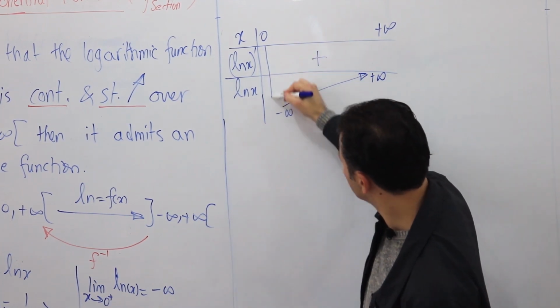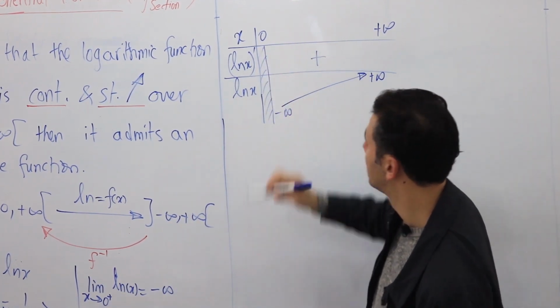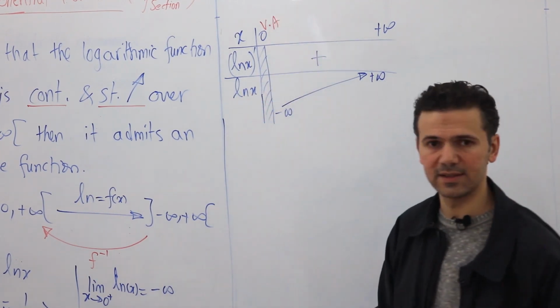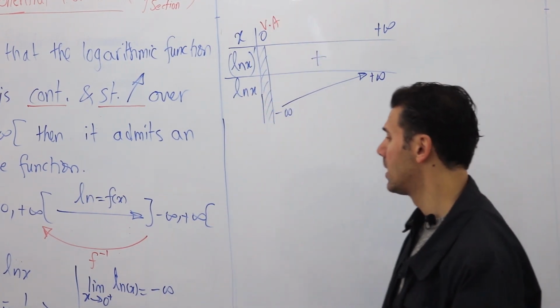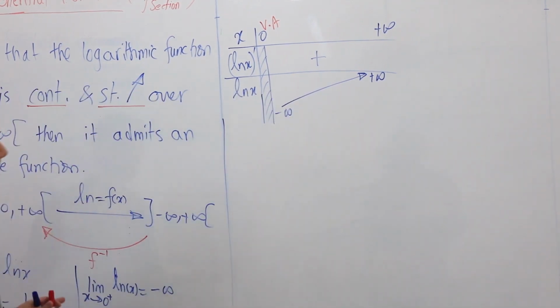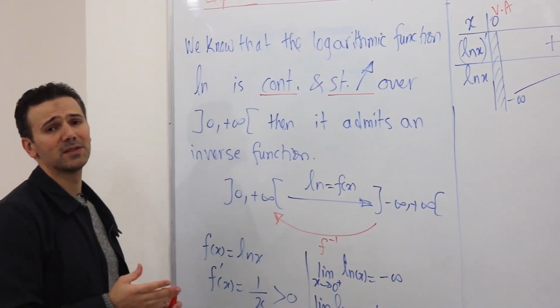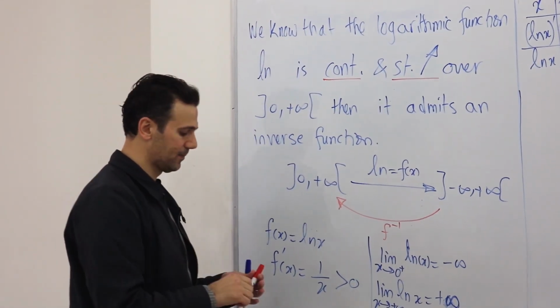And as you know, this is what? This is the vertical asymptote for the curve of ln x. Now, from all of this information that we have, we can deduce the properties of its inverse.